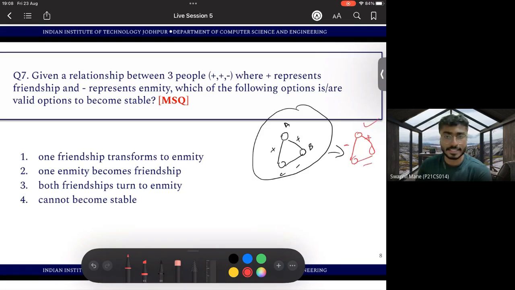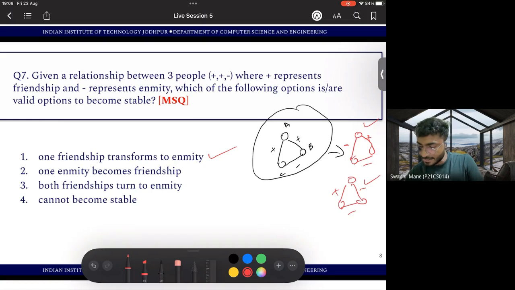This network is a stable network after this modification. Also you can make another edge an enmity, so this is also stable, right? So this one is correct, we can implement this option to make the network stable.